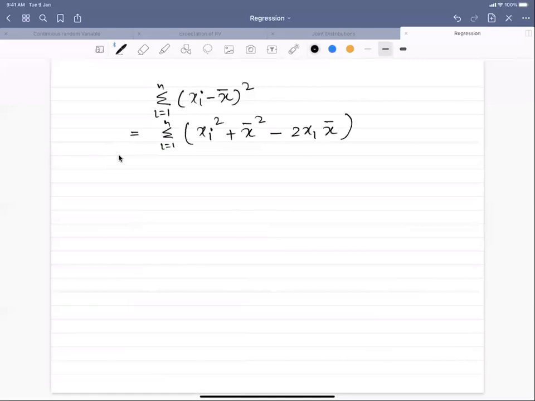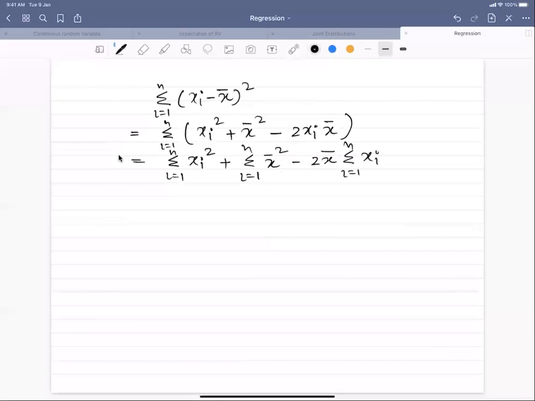Now I take the summation sign inside: summation over i = 1 to n of x_i square plus summation over i = 1 to n of x bar square minus 2 x bar summation over i = 1 to n of x_i, right?